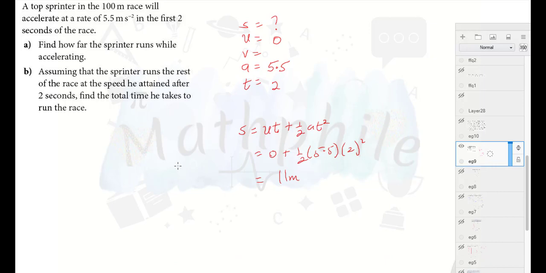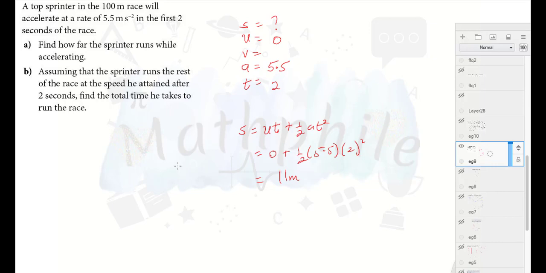Okay, Derek. How many meters are left to cover? 89. And what was the speed of the person after 2 seconds? Did you calculate the speed of the person?